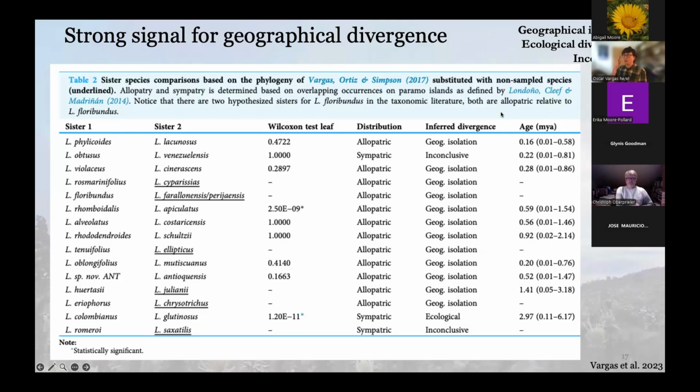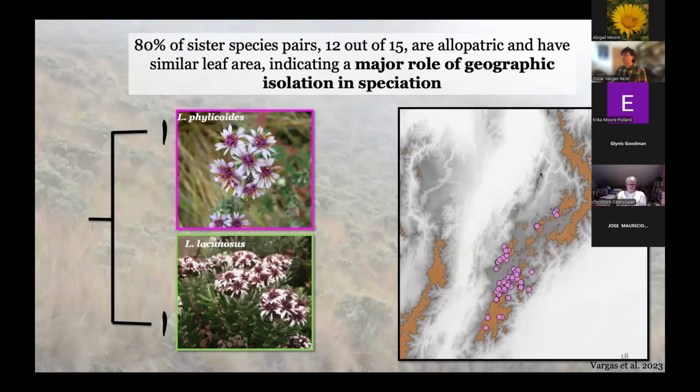Then we have a couple of cases in which we cannot say with confidence what produced the divergence between sister species. So allopatric speciation seems very important for these plants. That's not surprising, seeing the distribution of the plants, but also the distribution of the ecosystems that they are associated with.